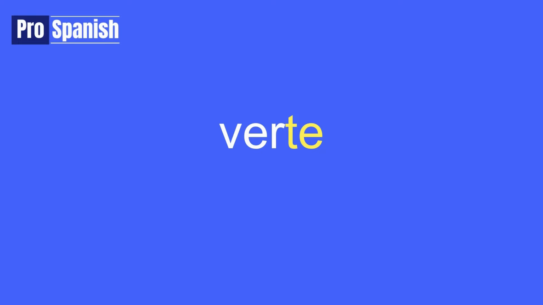Now the word for it is lo. Have a guess. How do you think we would say to see it in Spanish? So lo is it. How would you say to see it? Verlo.